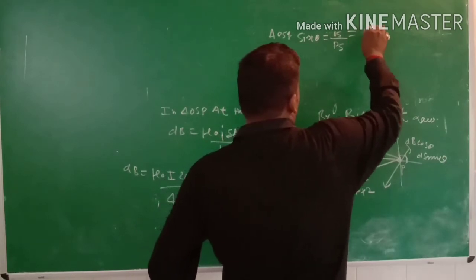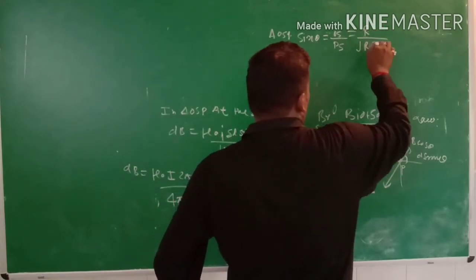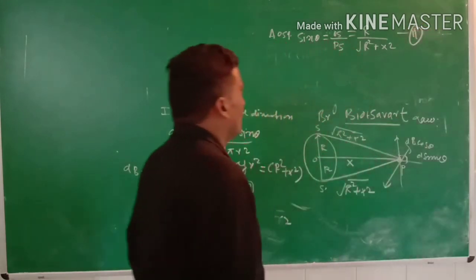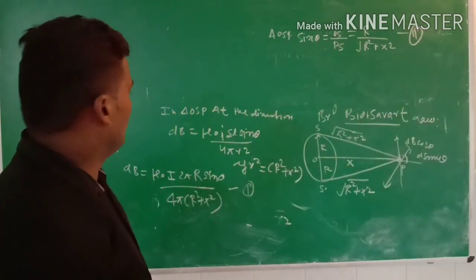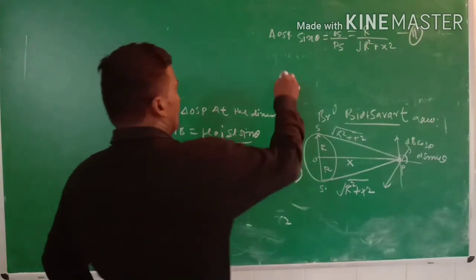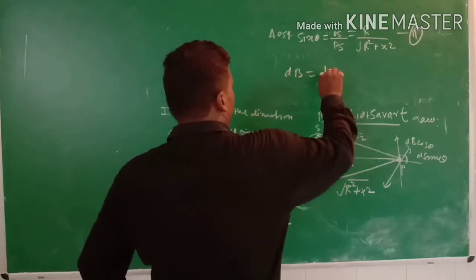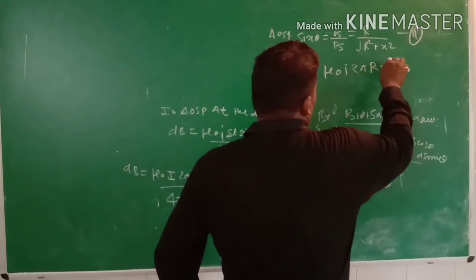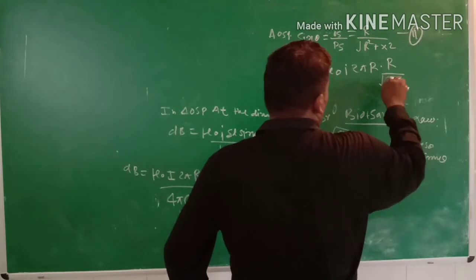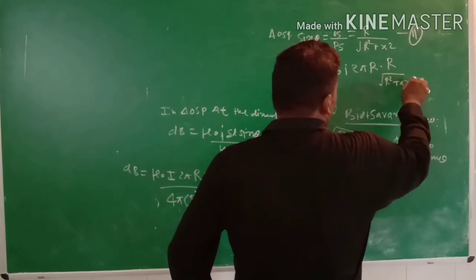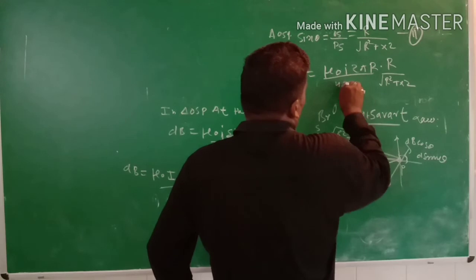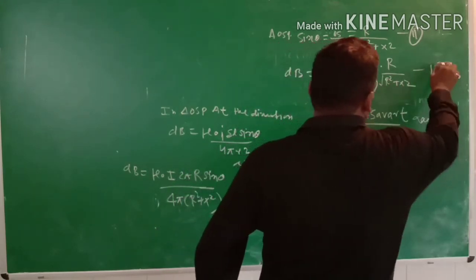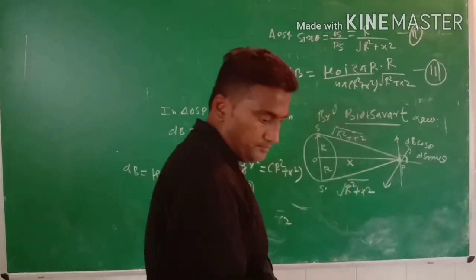Therefore, the value is r upon root r square plus x square, equation 2. We put the value of equation 2 in equation 1, then the relation is dB is equal to mu naught I 2 pi r upon root r square plus x square times 4 pi (r square plus x square), equation 3.